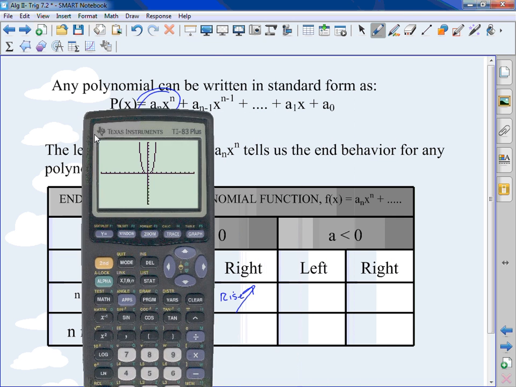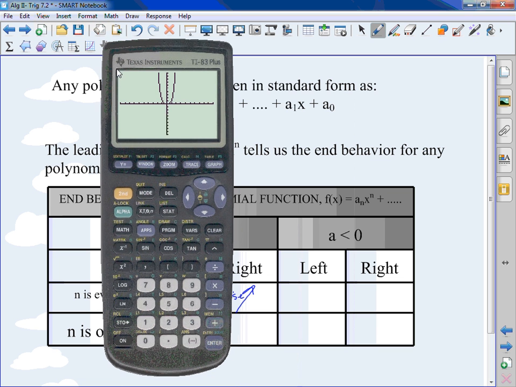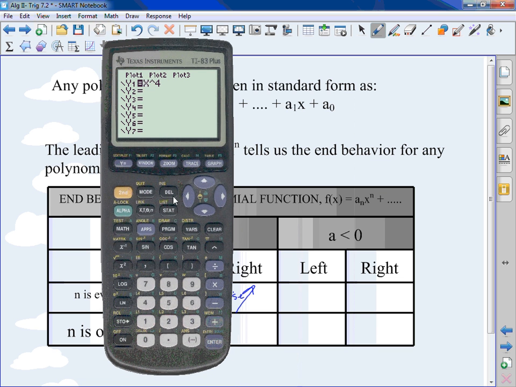All right, Shonda, you said if it's negative, right? Let's throw some negatives in front. If I put a negative out front, this is now going down over here, down over here. It is falling. This works for any polynomial.